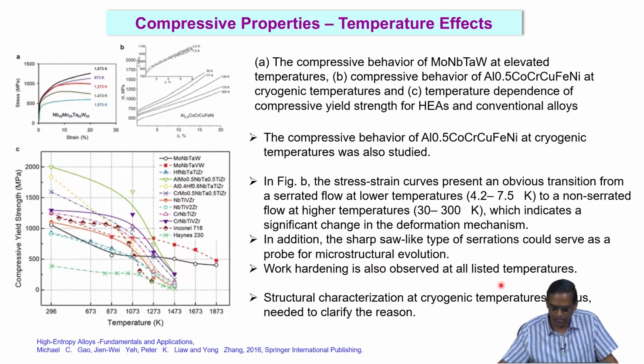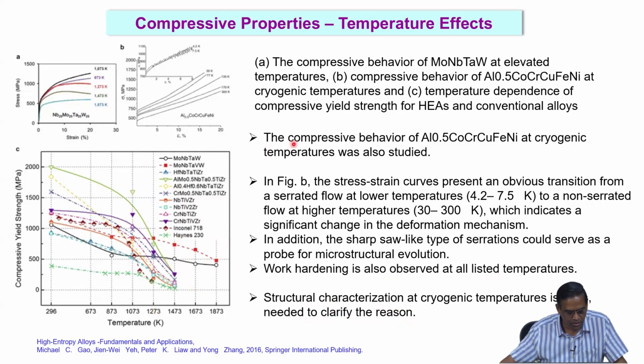Work hardening is also observed at all listed temperatures. That means dislocation activity is also on at all the temperatures. So in order to get the complete details about this structure property correlation, you need to have a thorough microstructural study to clarify how these things happen.